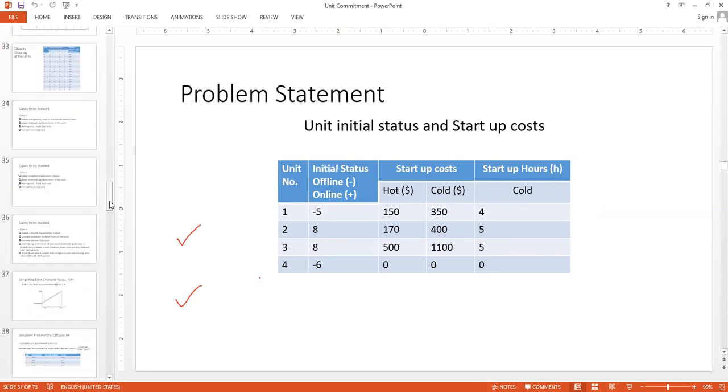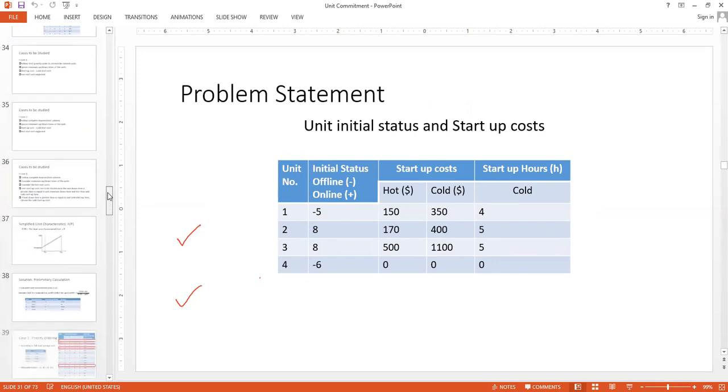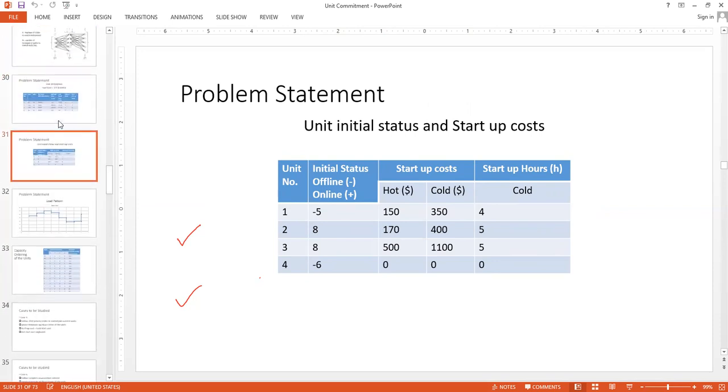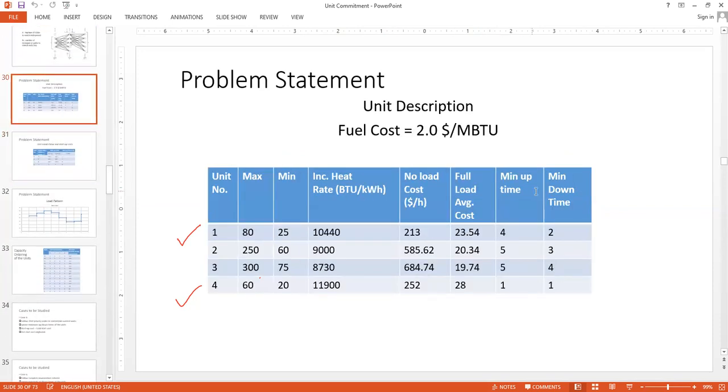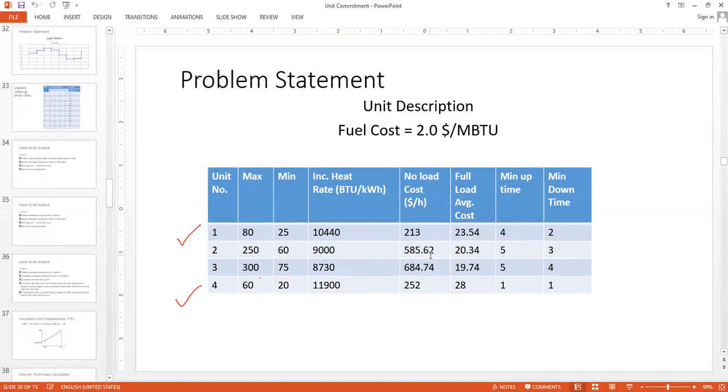Otherwise, you can go for hot start cost, but you have to keep in mind whether you can run the unit or not. That will actually be decided by the minimum uptime and downtime. So for hot start cost or cold start cost, first of all, you have to be able to run the unit.